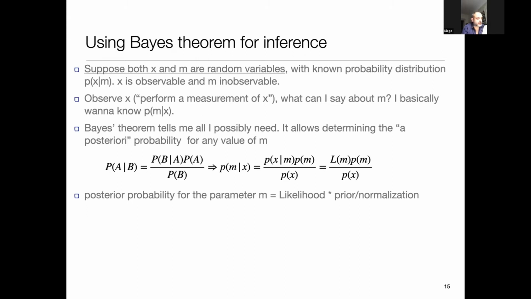So if you're dealing with random variables, not only the data but also the parameters you're trying to estimate, then the Bayes theorem is the best way to go, provided that you know the prior for M, of course.